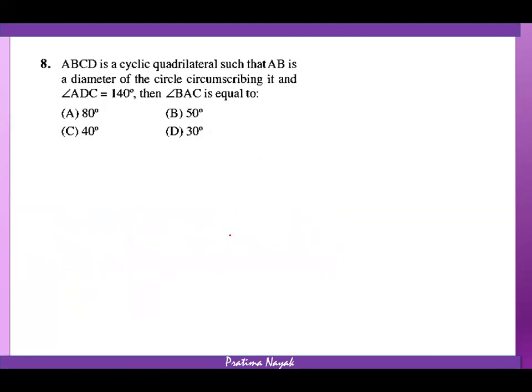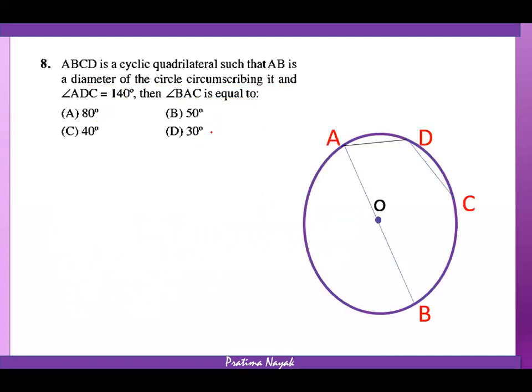Now ABCD is a cyclic quadrilateral such that AB is the diameter of the circle circumscribing it, and ADC is 140 degree. BAC is equal to 80, 40, 50, 30. Figure is not given, so you have to draw the figure. This is the figure.